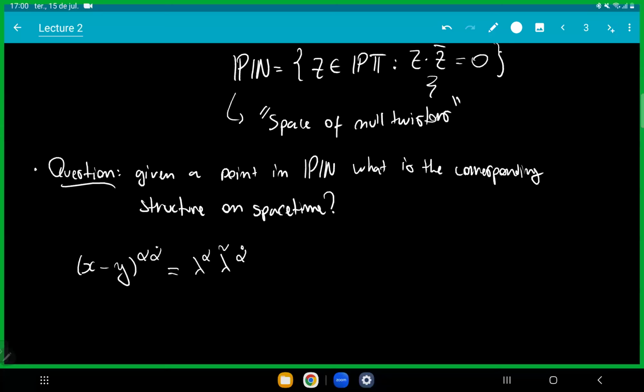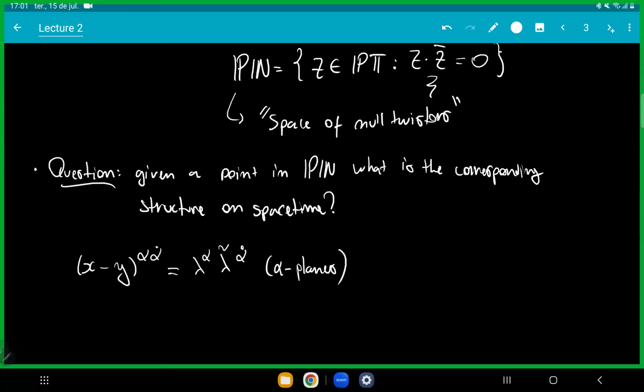When you contract the indices, you have a leftover alpha dot index, which you can write in terms of another spinor, which is arbitrary. The spinor defines a plane. So we had this correspondence between null separated points in Minkowski space-time and these alpha planes in twistor space.